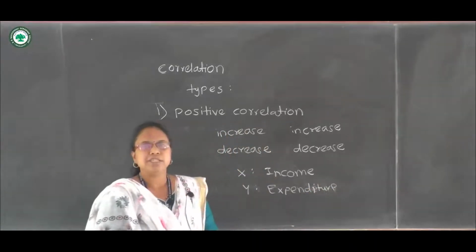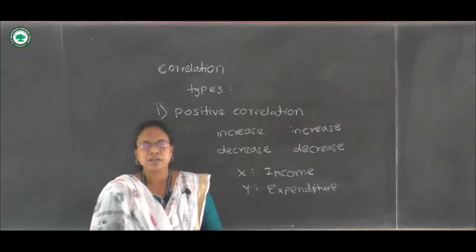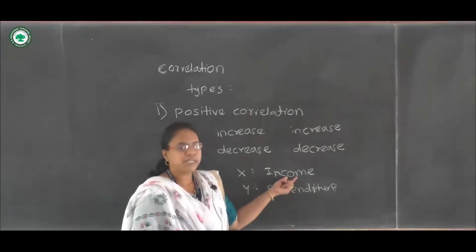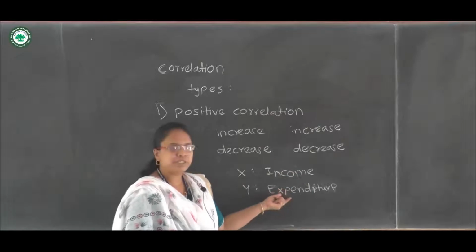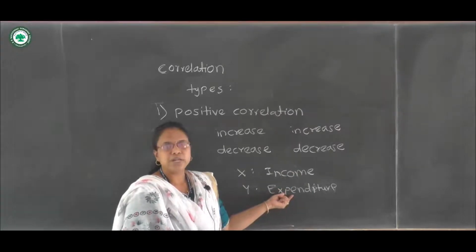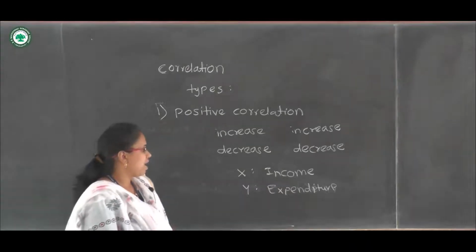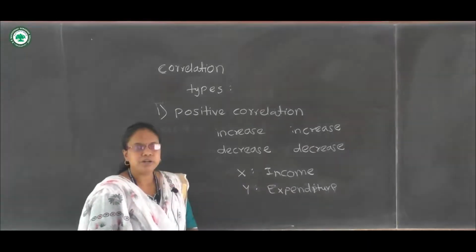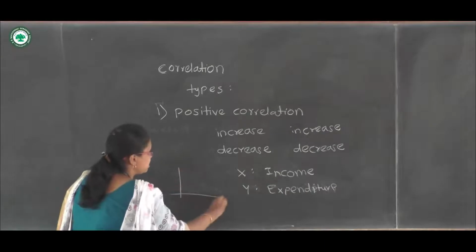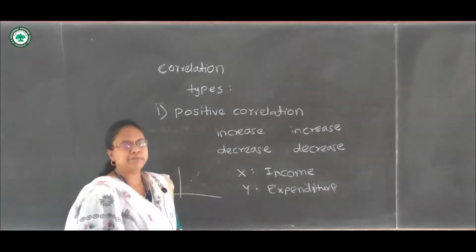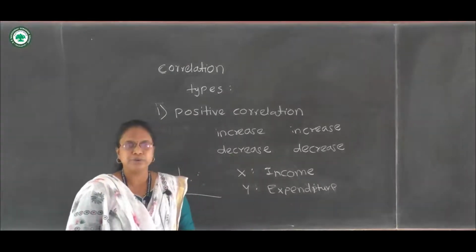Then we can see that these two variables are positively correlated, because if income increases, then expenditure will also increase. So the data, if we take on x and y, will show a pattern like this. So these two variables are said to be positively correlated.